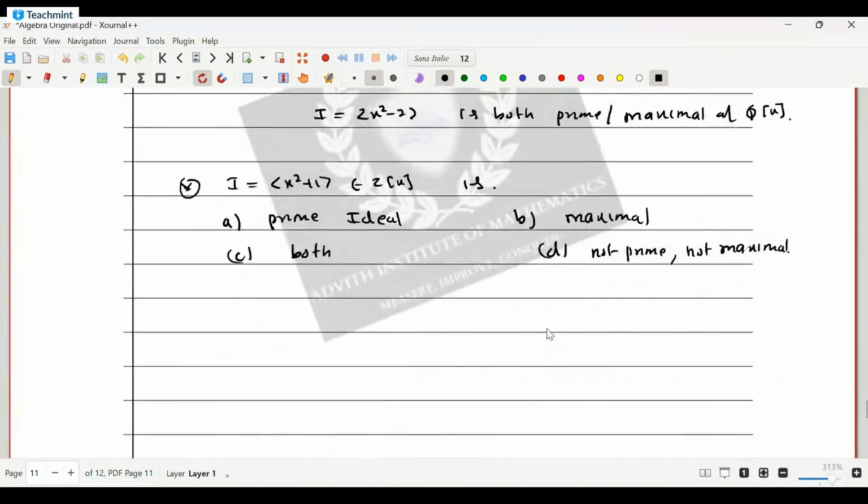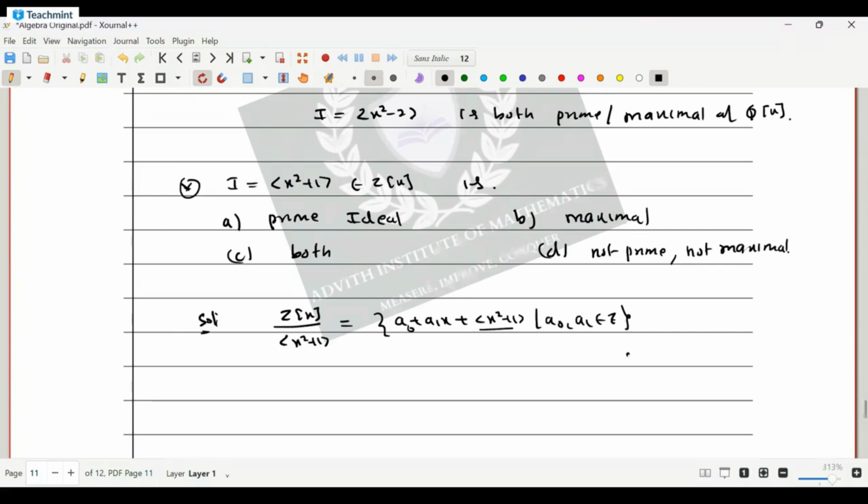Prime ideals. So consider Z over x by x square plus 1, which is equal to a0 plus a1 of x plus the ideal generated by x square plus 1, such that a naught, a1 belong to Z, right?